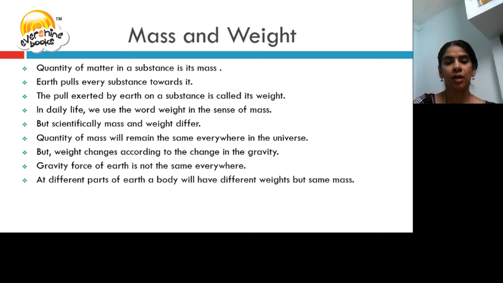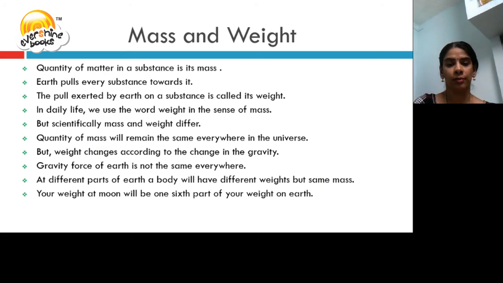At different parts of the Earth, a body will have different weights but will have the same mass. Your weight on Moon will be 1/6 part of your weight on Earth. Mass is measured in grams and kilograms.